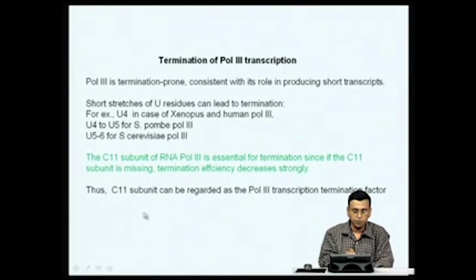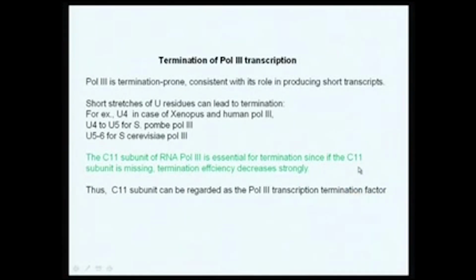So, the C11 subunit of Pol III acts as the transcription termination factor. So, remember, transcription termination in the case of Pol III is very simple. It simply consists of a series of T residues which can range anywhere from 4 to 6 depending upon the species, whether it is Saccharomyces cerevisiae, human, or other species.